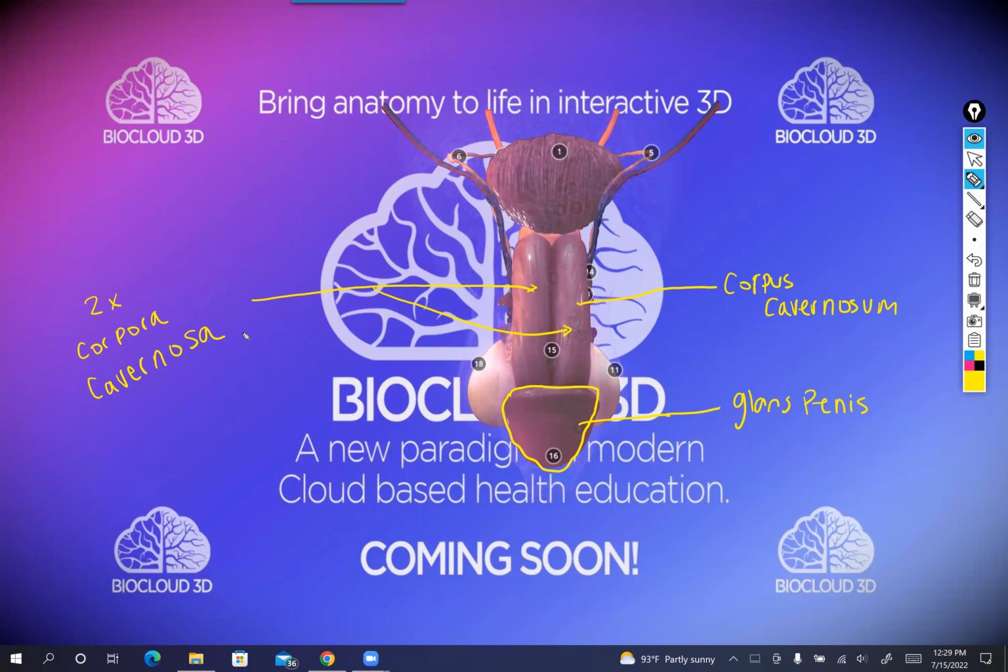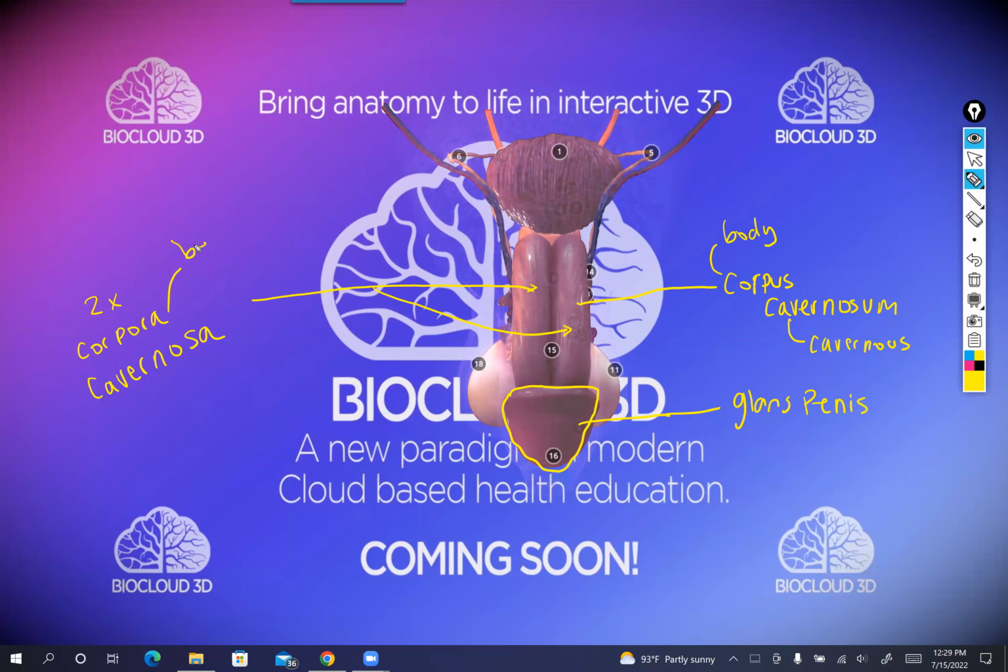So in Latin, if you're trying to pluralize something with two parts, corpus means body and cavernosum means cavernous, because the erectile tissues have little caverns that fill with blood. So instead of just adding an S to the end of something like we do in English, in Latin, you make the first part plural.